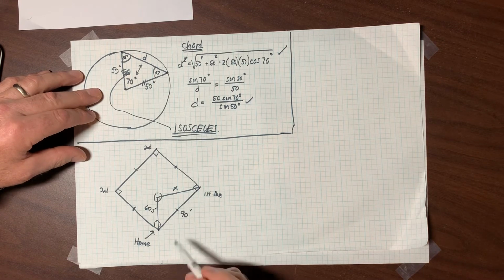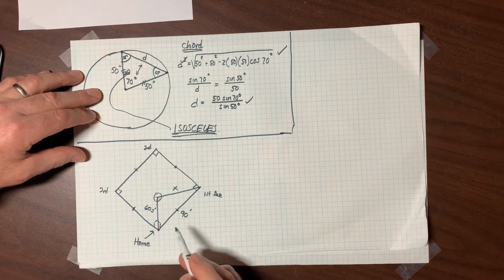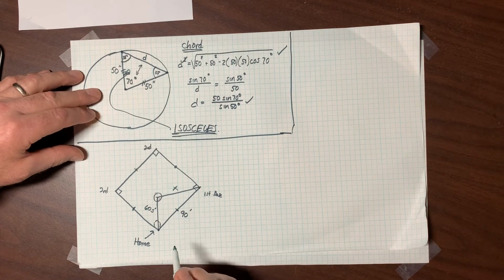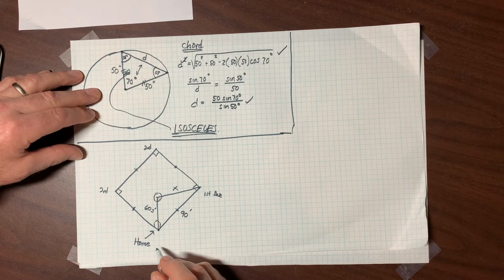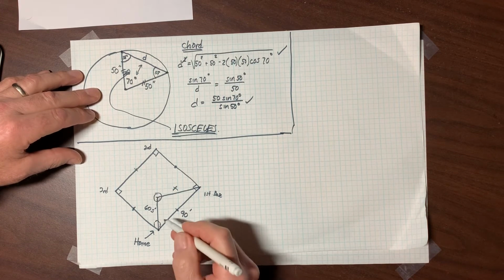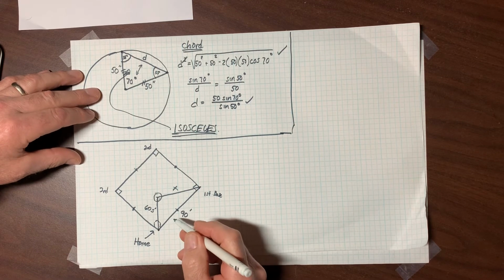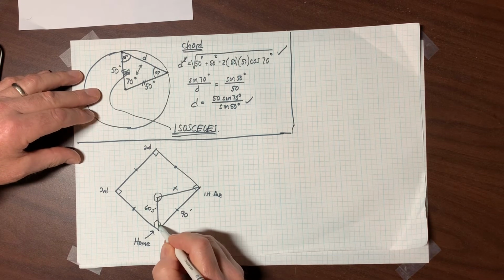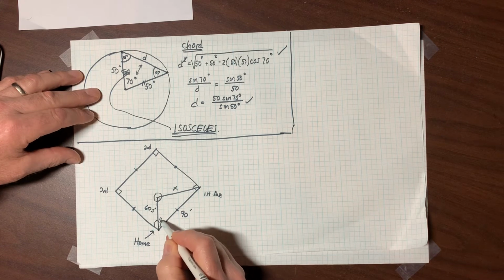Guess what? You don't have enough info. You actually do, but you may not realize it. Here's the piece of info that is not going to be given to you, should you ever have to solve such a problem again, that I'm giving to you right now in hopes that you remember: this angle right here is going to be 45 degrees.